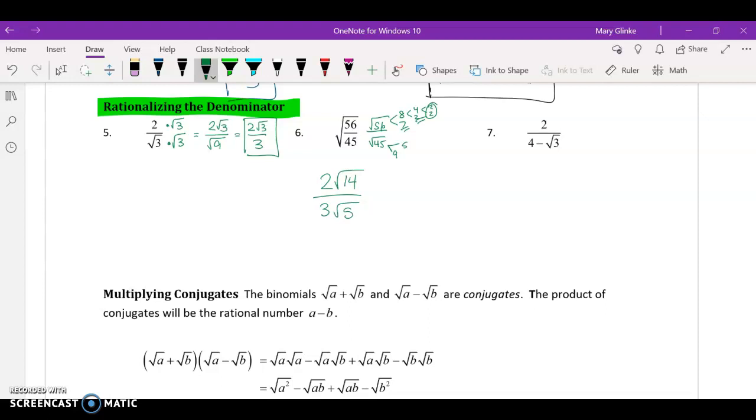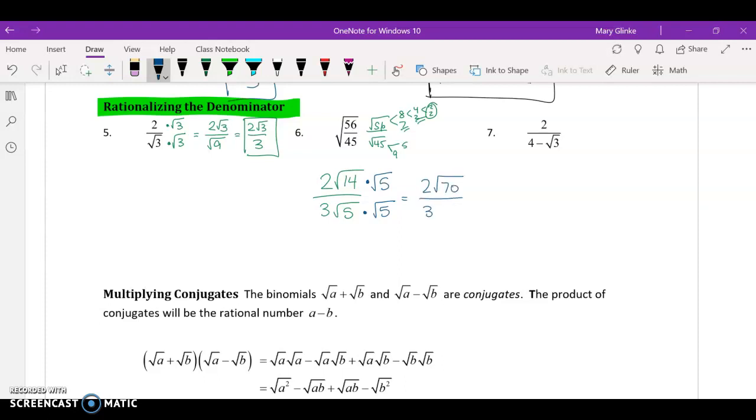Notice my denominator is still one term. It's a monomial. So we can still rationalize it by multiplying by our radical. Now we don't need to multiply by the whole 3 root 5. The part we really need to get rid of is the root 5 portion. So the numerator would then become 2 root 70.